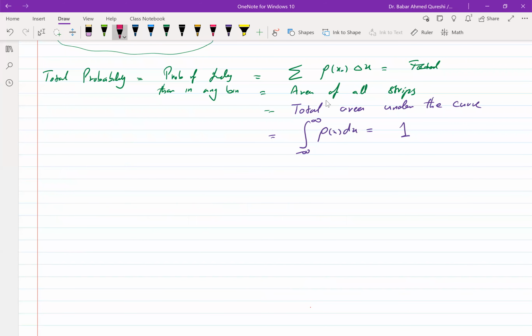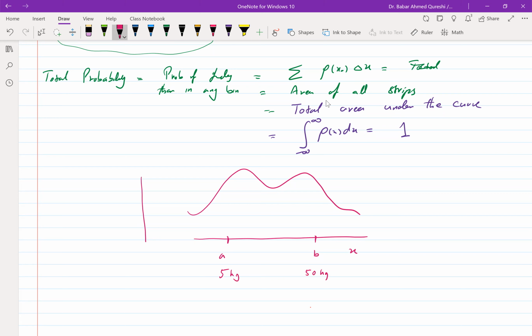But suppose you don't want the total area. Here's your variable, here's your curve, defining your probability. First you had small strips, now you have a big range, A to B. And you want to ask what is the probability that my variable, whatever I'm measuring, is between A and B. So suppose these are weights of some shipments, and you ask, what is the probability that the weight is between 5 kg and 50 kg?